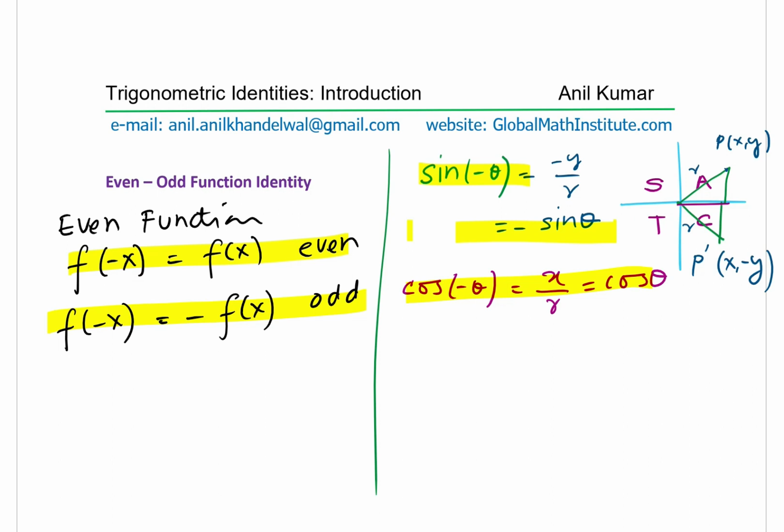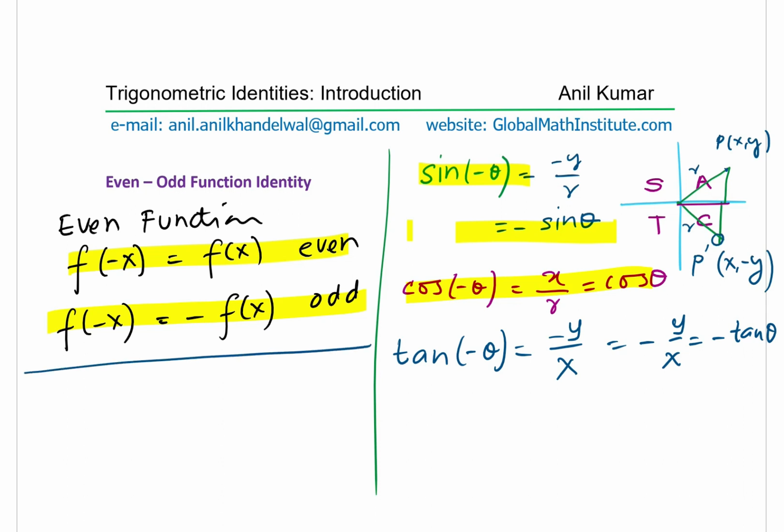Now, can you tell me what happens to tan? If I am looking into tan of minus theta, in this case tan of minus theta will be minus y over x, that is this point, correct? Which is negative of y over x, which is negative of tan theta. So we get our three identities here.